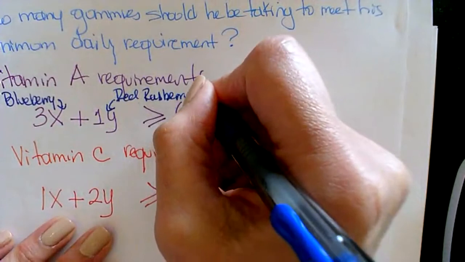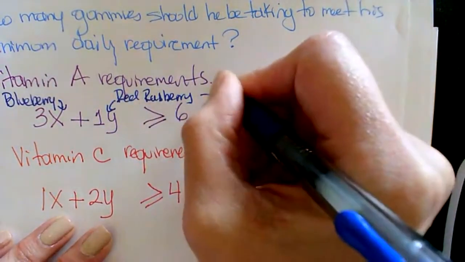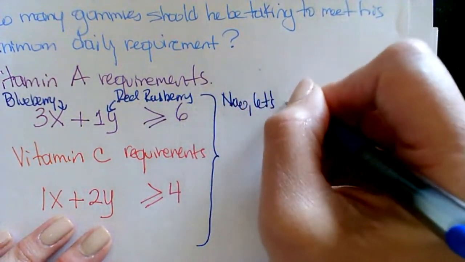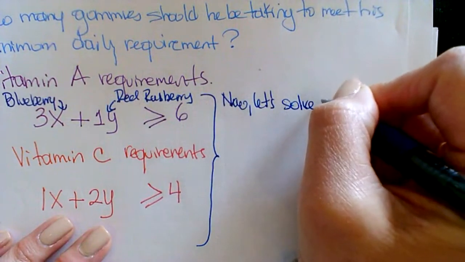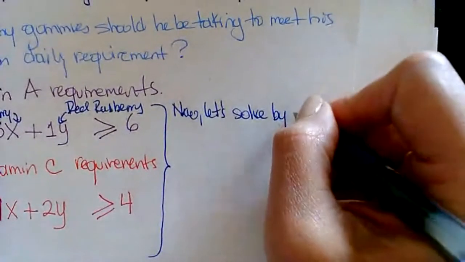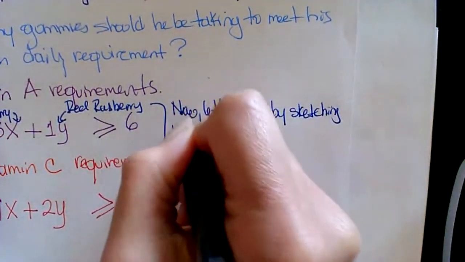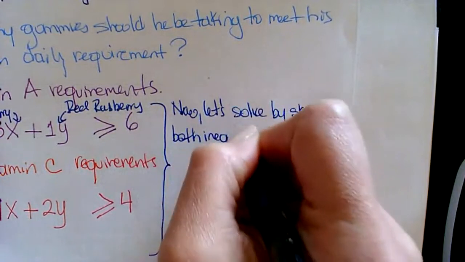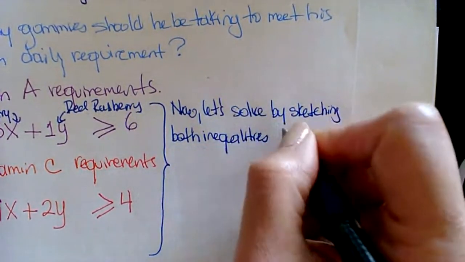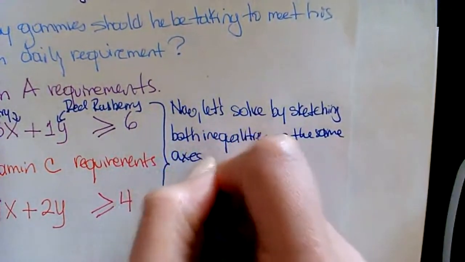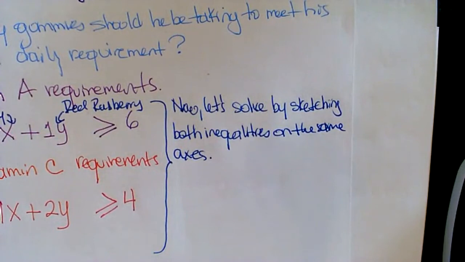So now let's solve by sketching both inequalities on the same axis. Let me go ahead and do that.